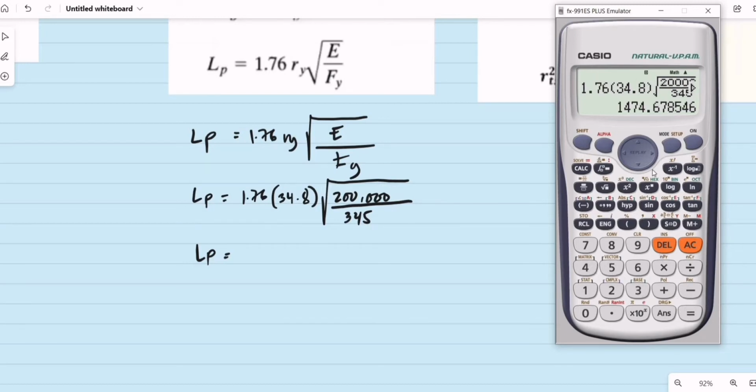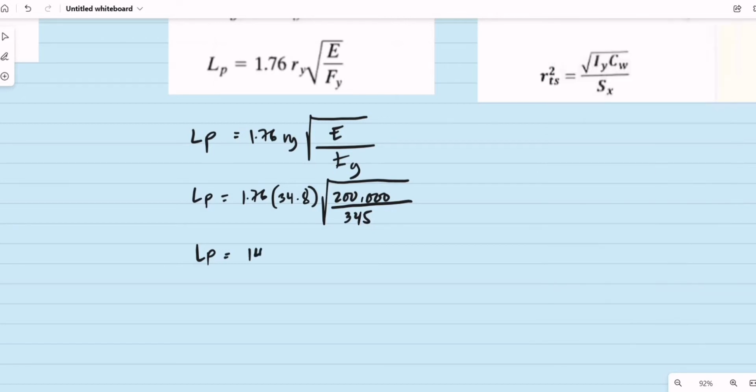So this is equal to 1,474.68 millimeters. So obviously, this is less than our unbraced length.